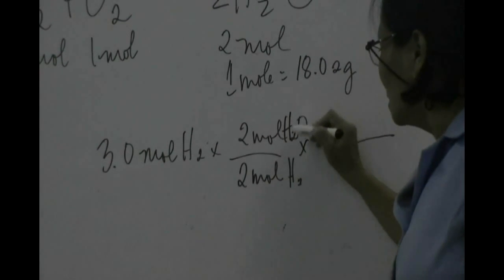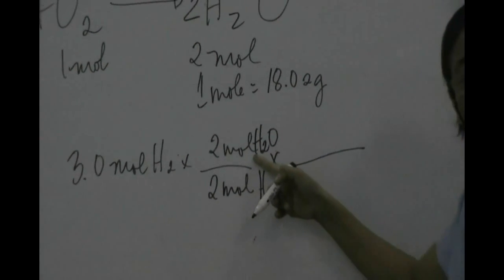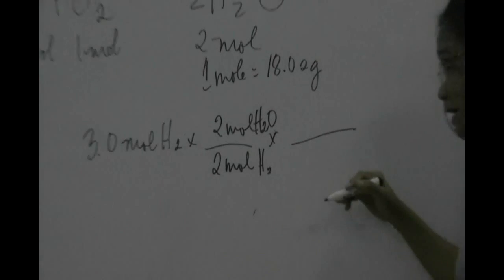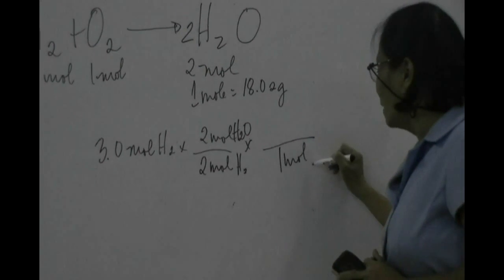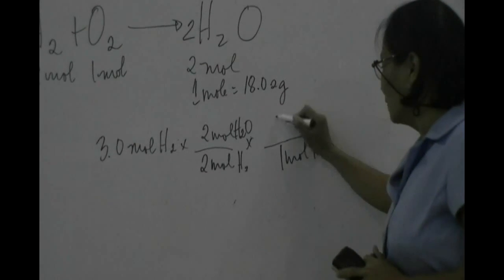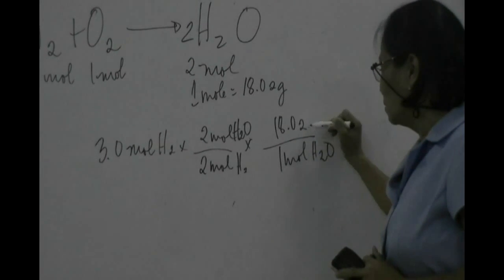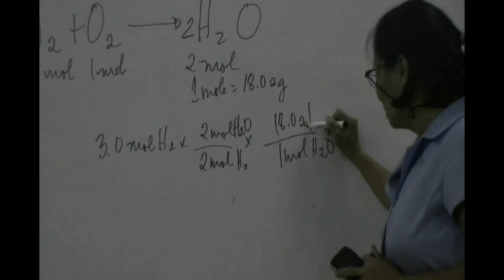We need to put water on top because this is the unknown substance. Then per mole of water is of course 18.02 grams of water.